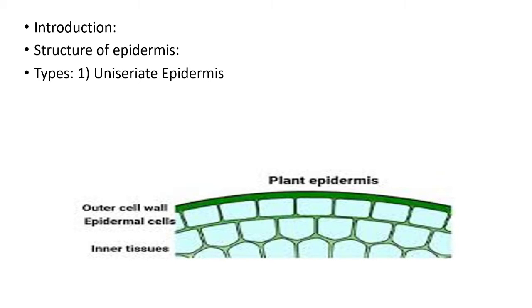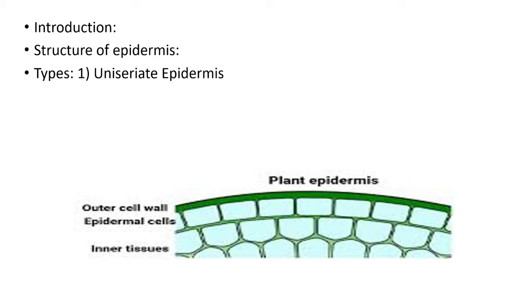The epidermal tissue system is the outer protective layer in the primary plant body. The function of the epidermal system is protection of the inner tissue. We can define the epidermis as the outermost coating or covering of a plant organ.